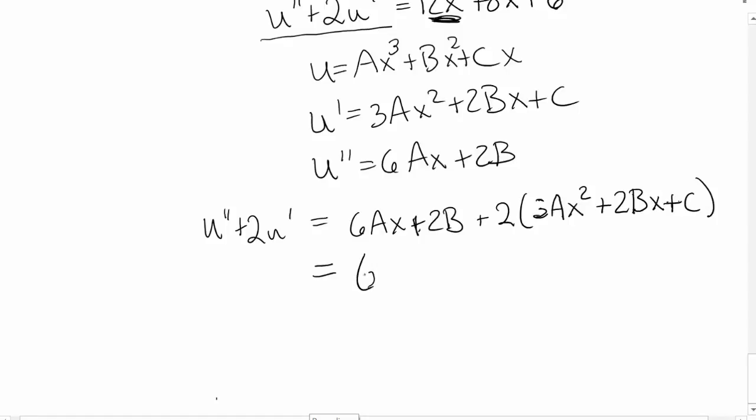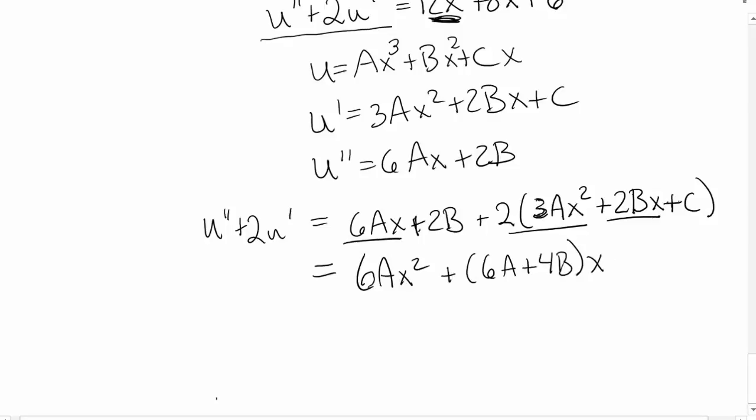So overall, it looks like I only have 6a x squared. That was from here. This gives a 3. And then how many x's do I have? It looks like I have a 6a plus 4b times x. That came from here and here. And then for the constants, I have a 2b plus 2c.